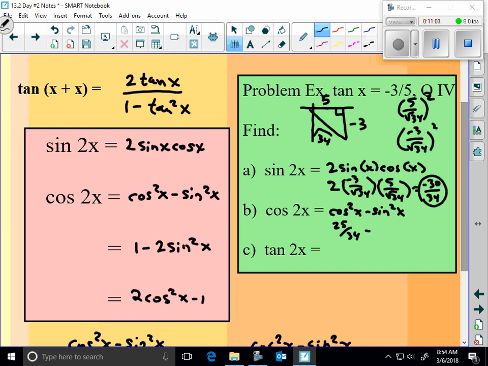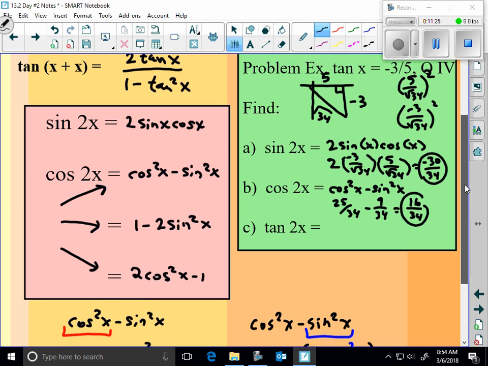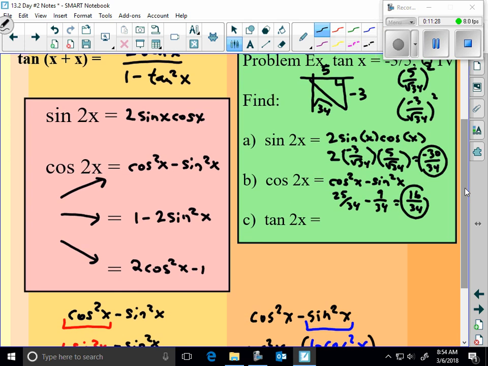Square that, I get 9 over 34. So it looks like cosine 2x is 16 over 34, which I could reduce to 8 over 17. In this case, you could have used any one of these three forms, which would have gotten you an equivalent answer. I just chose cosine squared minus sine squared. I typically use that one. Then I don't have to get a common denominator.